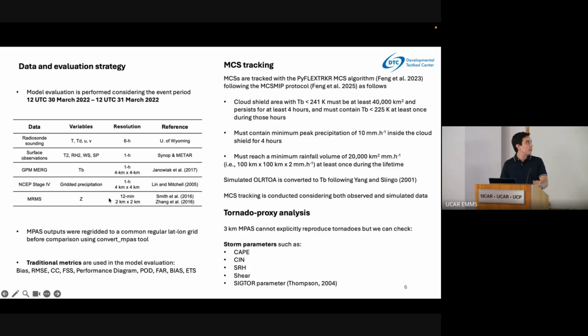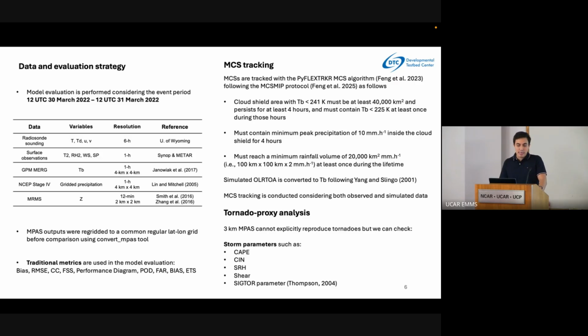So here we are looking at the results at 4 kilometer resolution. To conduct the evaluation, we used traditional metrics like bias, root mean square error, correlation coefficient, fractions skill score, performance diagram, and dichotomous metrics.